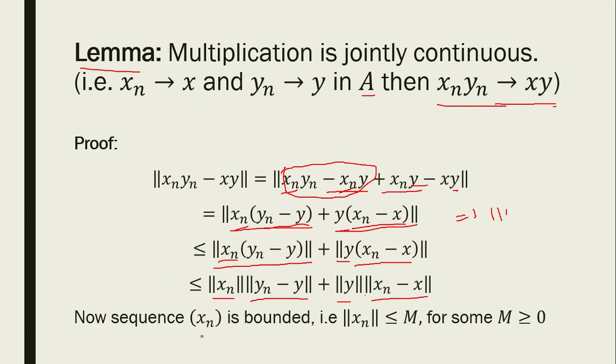Now the sequence xn is bounded, so norm xn is less than or equal to m for some positive integer m.